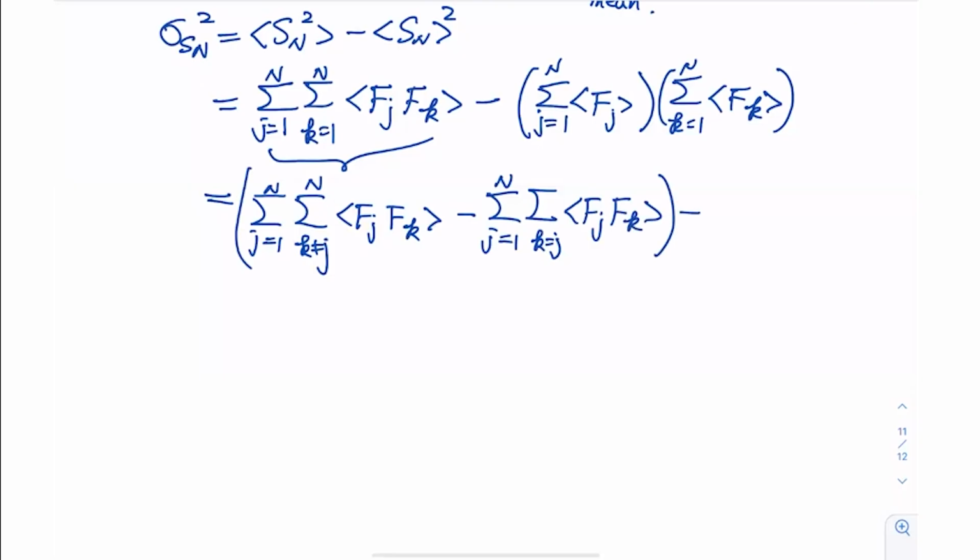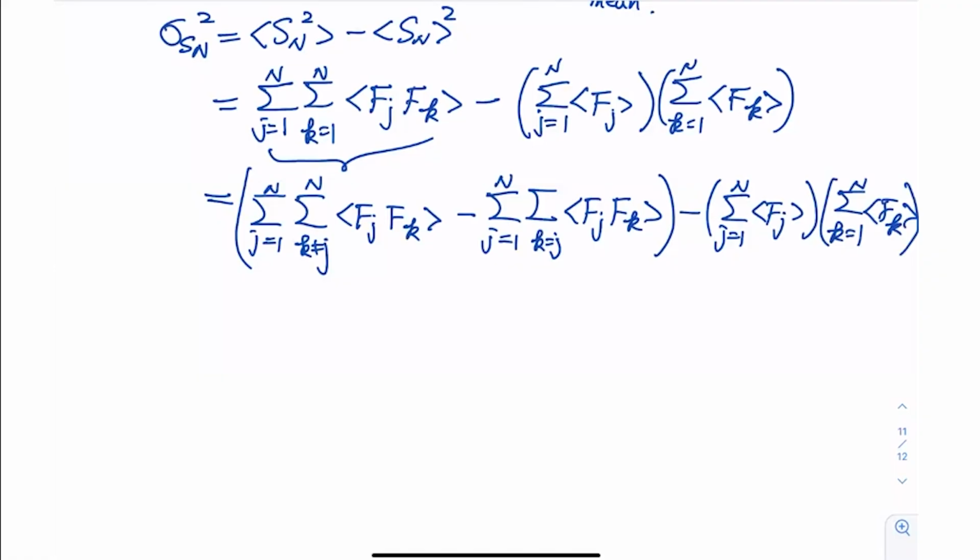Again, this is exact, I just rewrite things. We divide the k into the case that k equals j and k is not equal to j, so we lose nothing. And in this case we can simplify, because when k equals j, it is just fj squared.